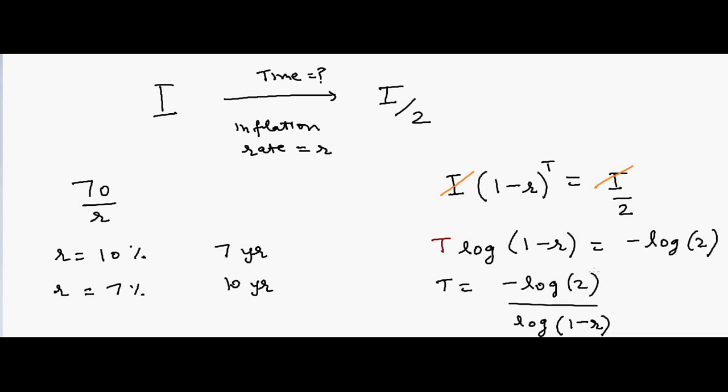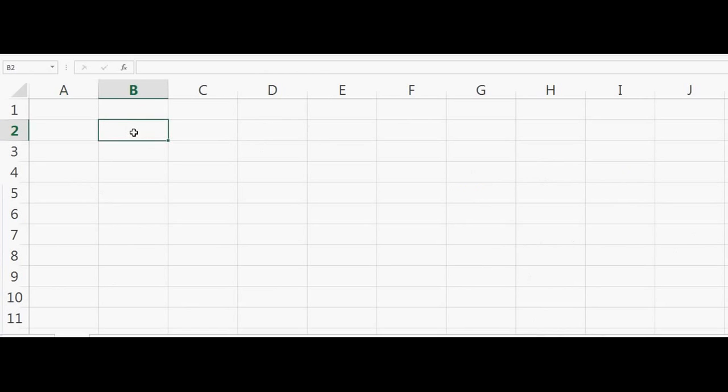So let's go to Excel, and suppose we have an interest rate, which is not the interest rate, it's the inflation rate. So that's equal to 2, 3, 4, 5, and we have different inflation rates, and this is our time.